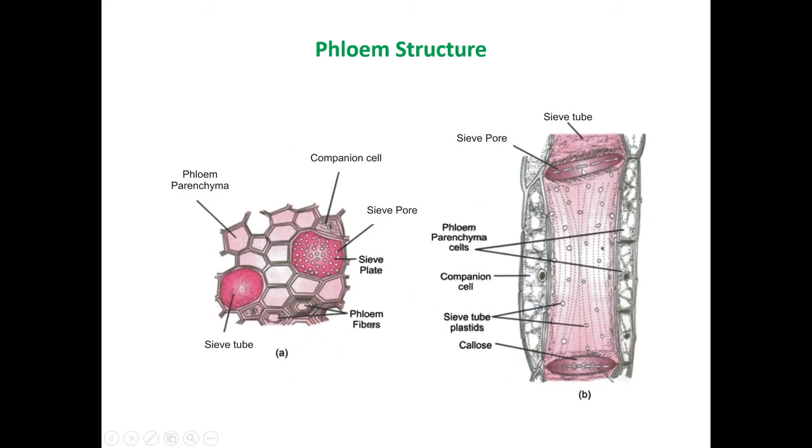The sieve pores are negatively charged, and the potassium ions inside the lumen are positively charged, so they attract each other. The positively charged K plus ions adhere tightly to the organic solutes and pass through the negatively charged sieve pores. So the sieve plate acts as a pumping station, boosting the mass flow of sugars.